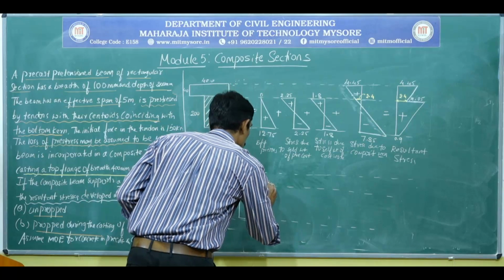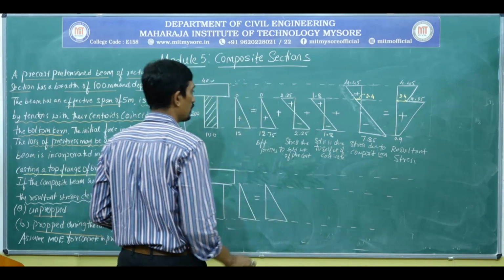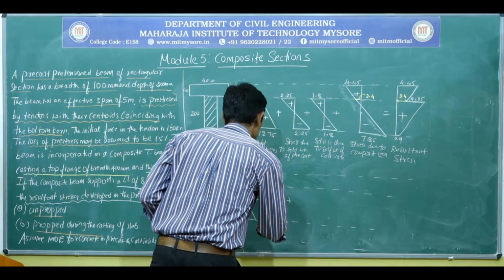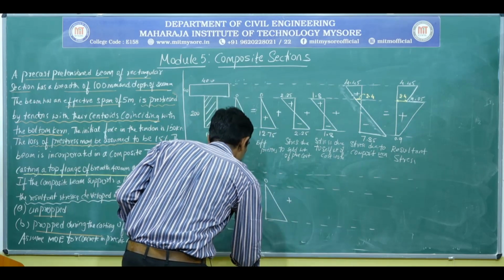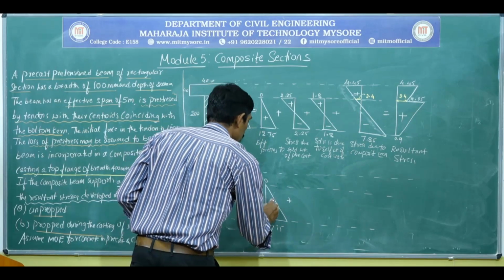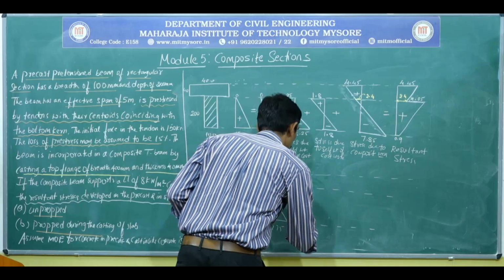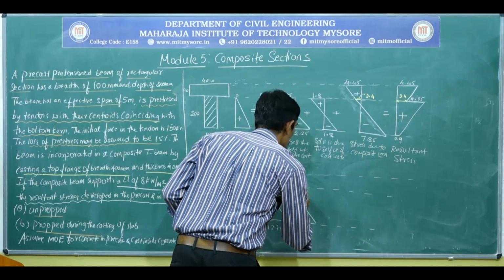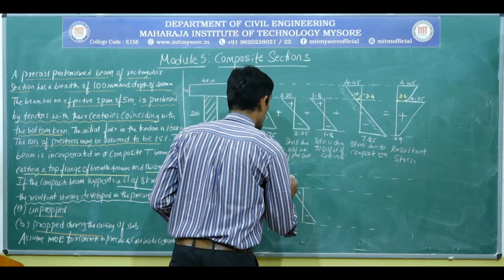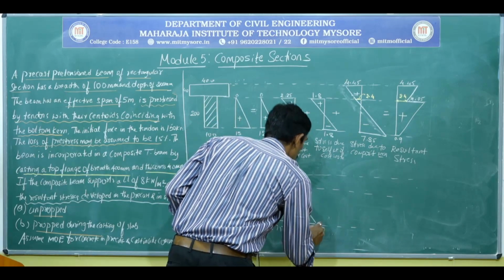Here also no change. Next, here also 0, 0, 15, because I have already told you no change in this. Next, here also no change. So that is stress due to self-weight of cast in situ, precast pre-tension, no change.